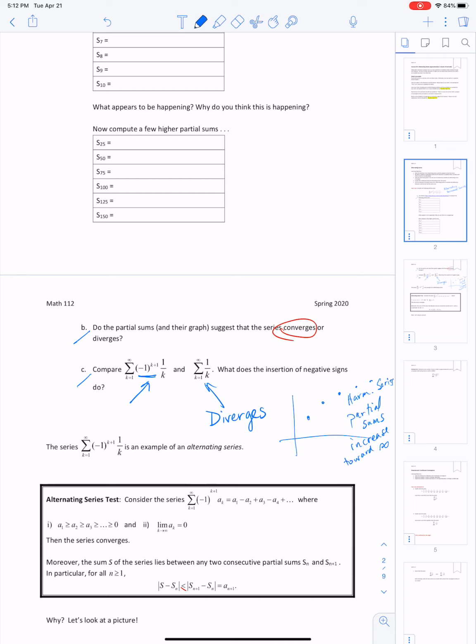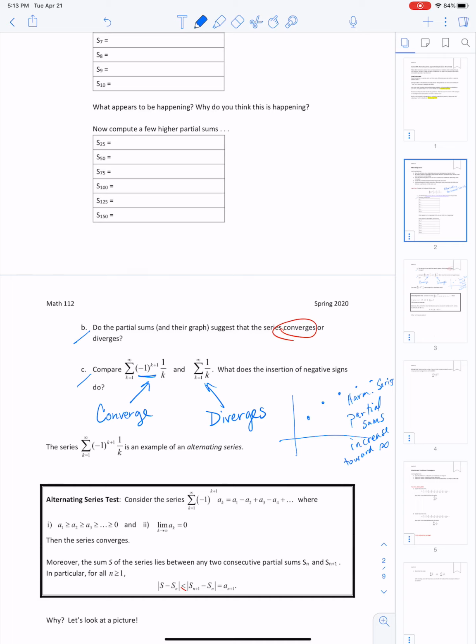On the other hand, for the alternating harmonic series, the terms are alternately added and subtracted, and the partial sums, as you could see on the previous page, seem to level off. The insertion of the minus signs makes the partial sums increase and decrease every other time, and so it's easier for them to bounce around a single limiting number.